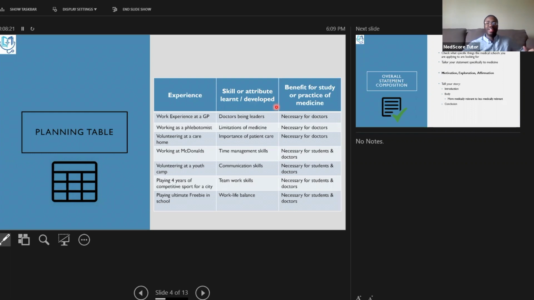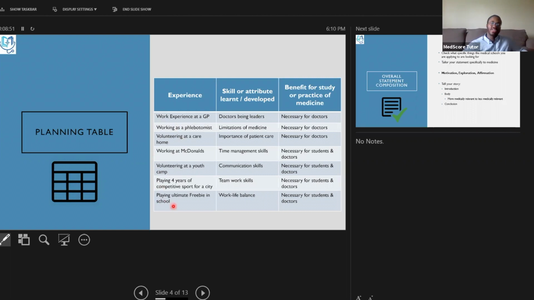And then also list the benefit for it in terms of, is it beneficial for you as a medical student? Is it going to be beneficial for you as a medical doctor? Or is it going to be beneficial in both instances? So here I've just got a list of random things: work experience at a GP, working as a phlebotomist, volunteering at a care home, working at McDonald's, volunteering at a youth camp, playing 4 years of competitive sports for a city, playing ultimate frisbee in school.